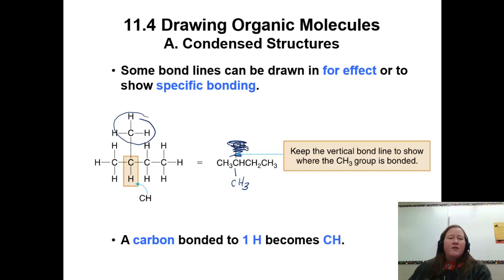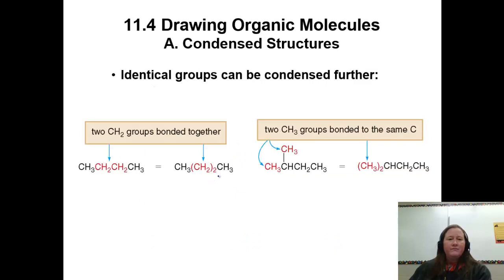Now what you do notice is that instead of this saying CH2 like it did, it now says CH. Sometimes you can really shorten things up. This is really not that big of a shortening up of things, but if you have this repeating CH2 in a long hydrocarbon chain, sometimes you'll see that in a parenthesis with a little 2.